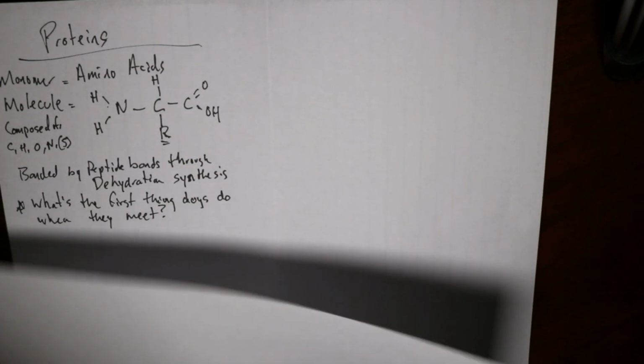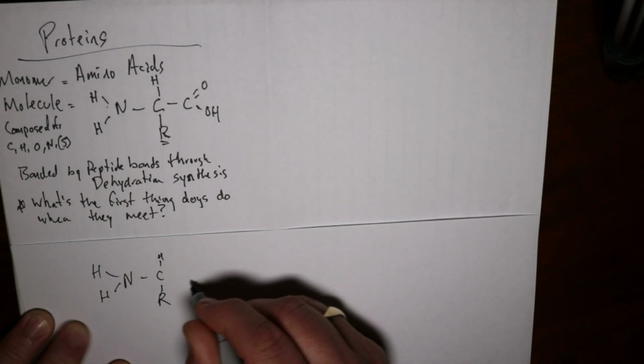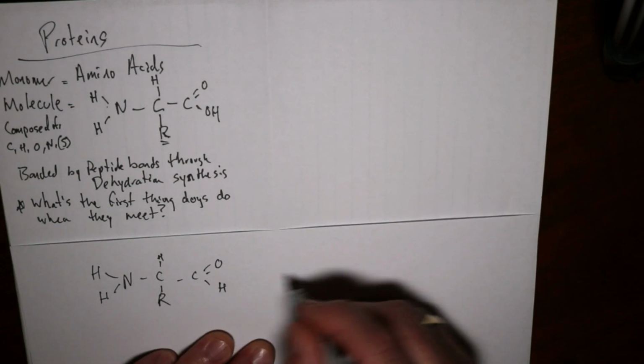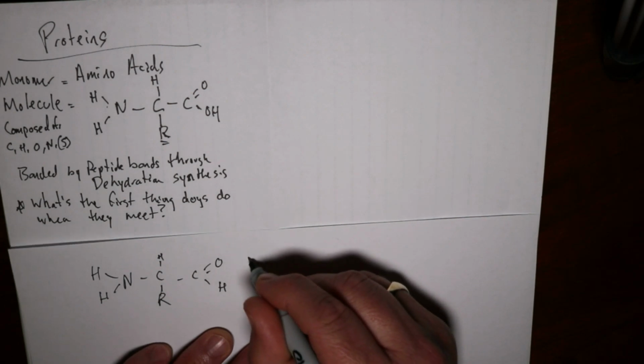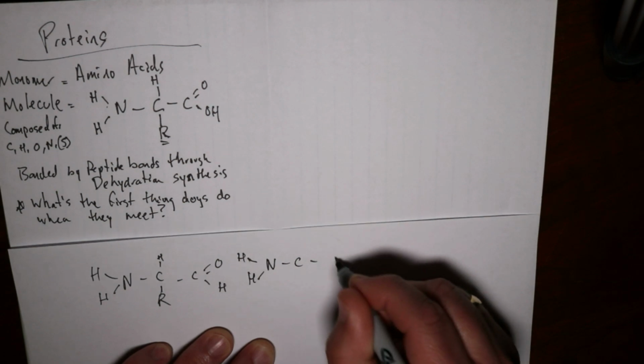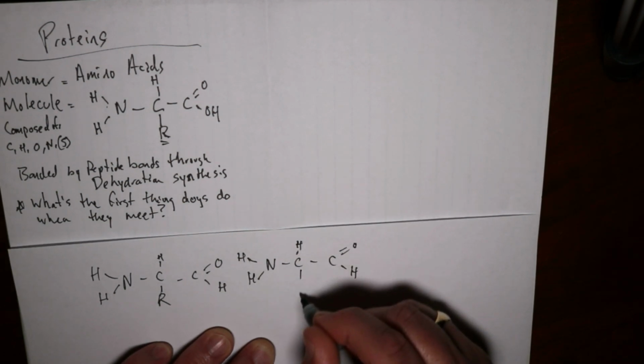Because I want you to remember, you don't have to write this, but I'm just going to throw this up real quick. If we take an amino acid, nitrogen, carbon with its hydrogen and its R group, to another carbon with its hydroxyl group, and then over here we write another amino acid, so H going to a nitrogen, to a carbon, carboxyl, got an H up here and an R group here.